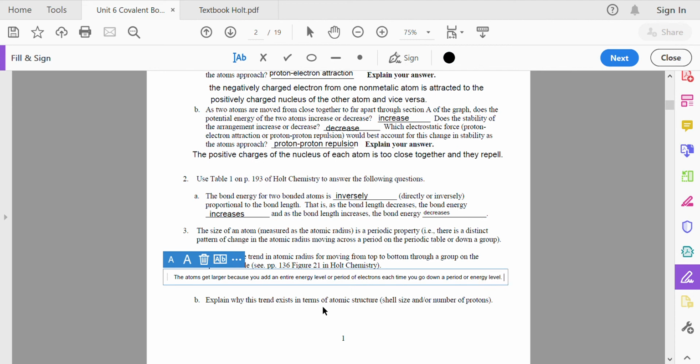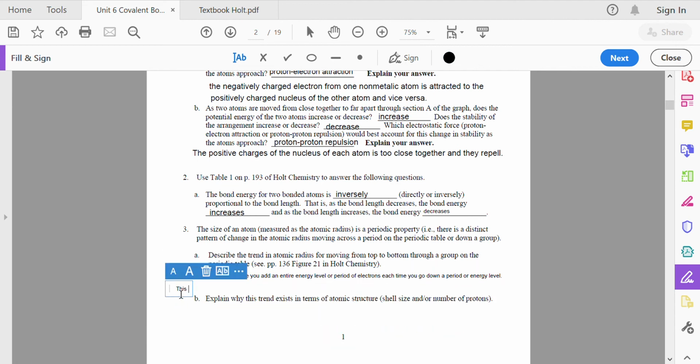I'll get this right, hold on. And what does this do? This puts on an entirely new layer of electrons, making the atom larger.